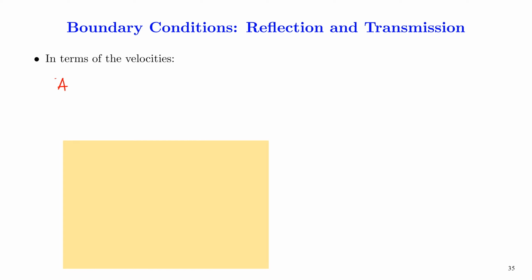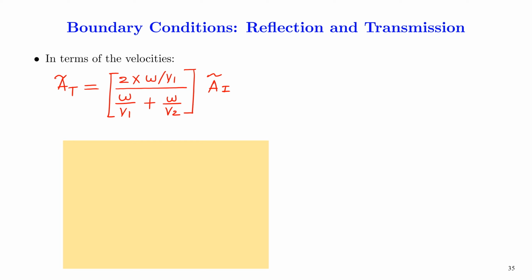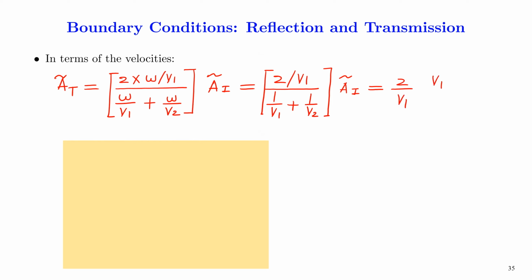Now in terms of the velocities, AT equal to 2 multiplied by omega by v1 divided by (omega over v1 plus omega over v2) multiplied by AI, and this is equal to 2 over v1 divided by (1 over v1 plus 1 over v2) multiplied by AI, and this is equal to 2 over v1 times v1 v2 divided by (v1 plus v2) multiplied by AI.